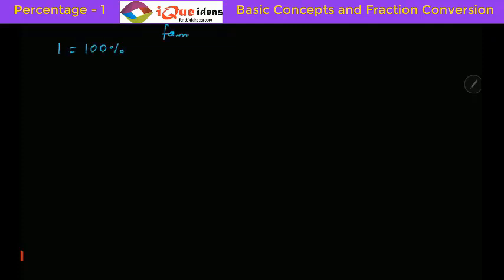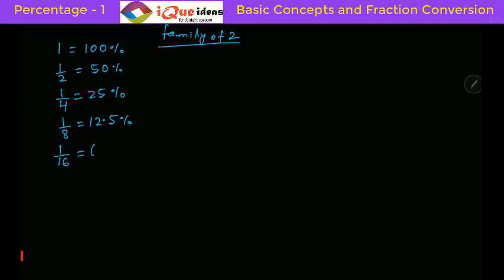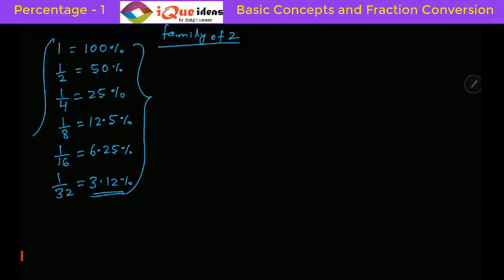This is the family of 2. 1 by 2 is 50% straight away. 1 by 4 is 25% directly. 1 by 8 is 12.5%, a very important percentage. 1 by 16 is 6.25%. And 1 by 32 is optional, it is 3.12%. We need to memorize only up to 2 places of decimal.